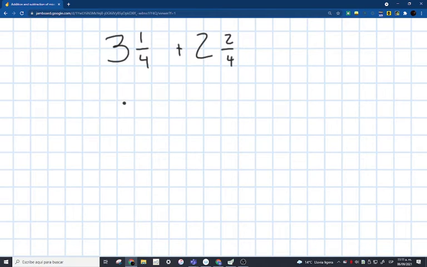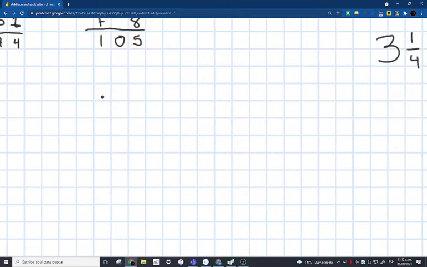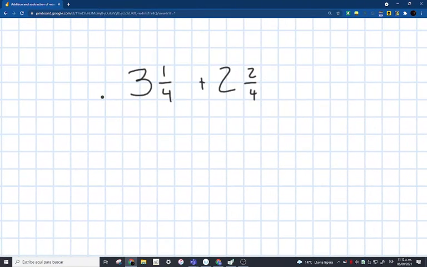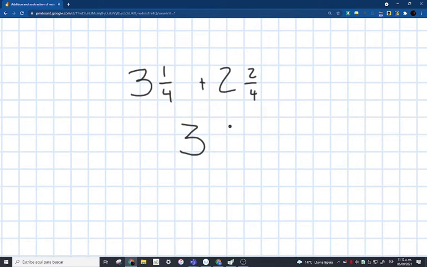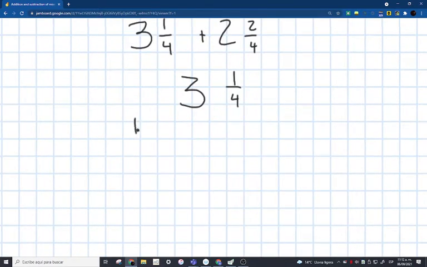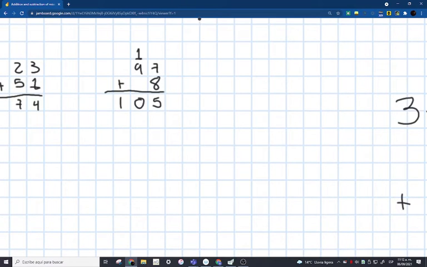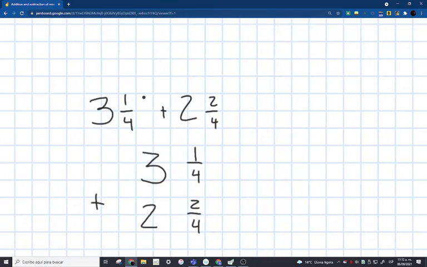Let's see. We organize them like in a normal addition, one over the other. So we can do something like this: 3 and 1/4 plus 2 and 2/4. And just like in the other example, just like here, we start from the right.